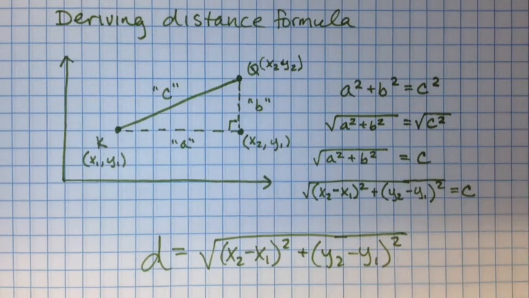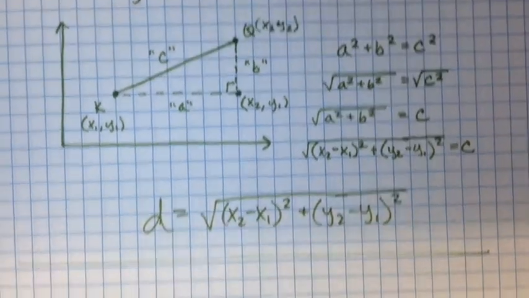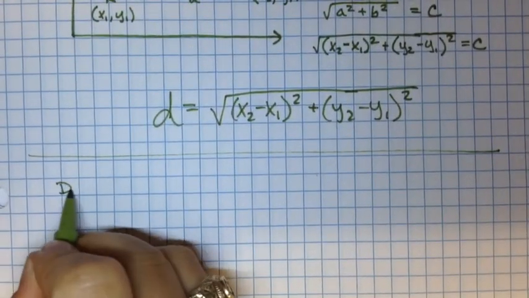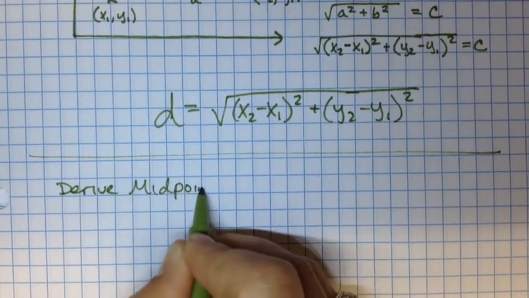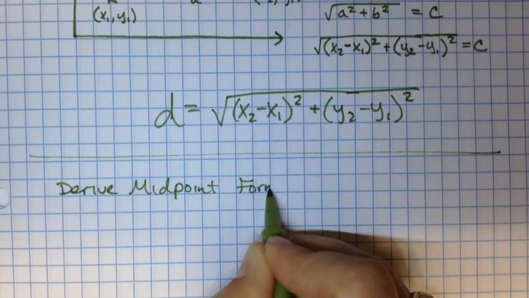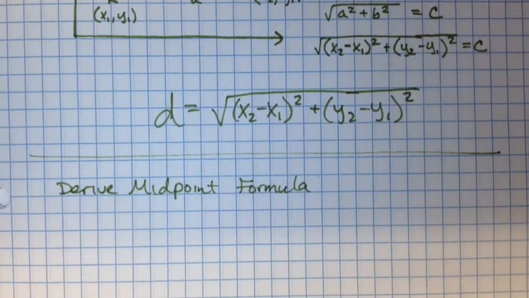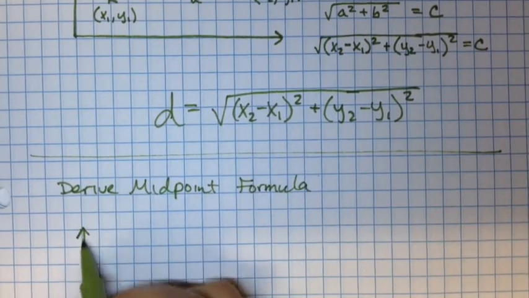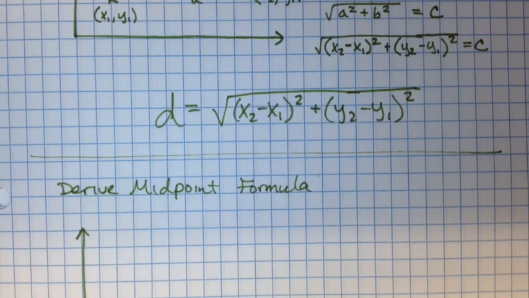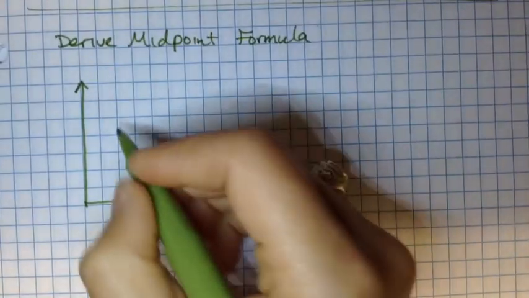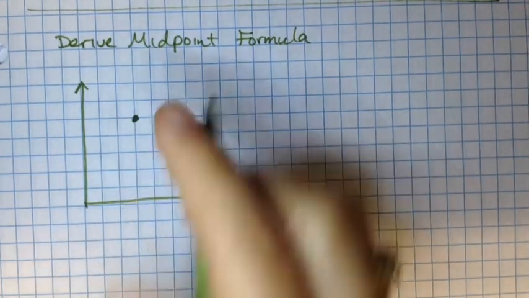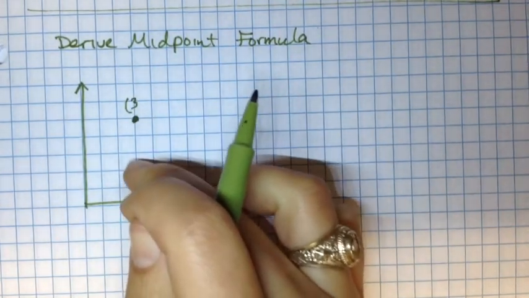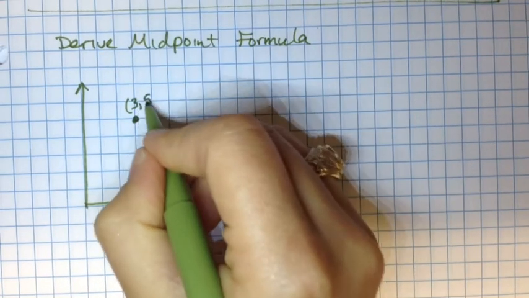Okay, we can also derive the midpoint formula. Similarly, if I have some graph and two coordinates on this graph, like here, this is going to be the coordinate 3, 5.